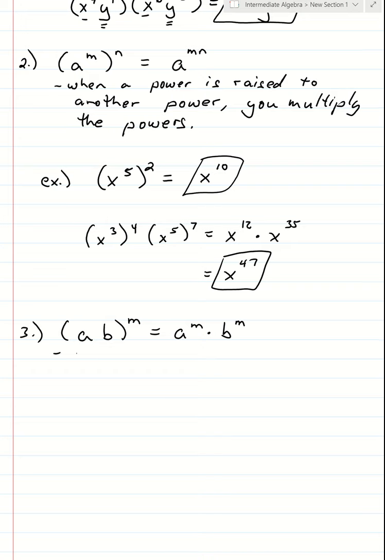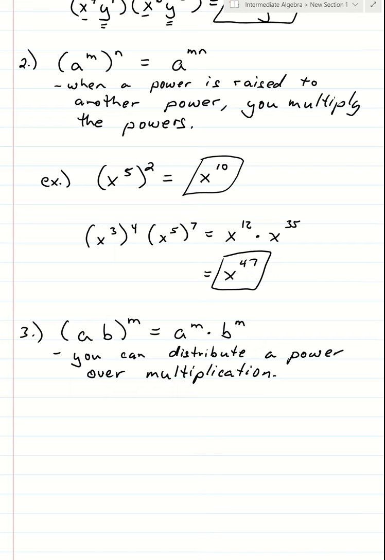Because what this law is telling us is that you can distribute a power over multiplication, which is what's taking place here. We have the two bases, a and b, that are being multiplied, okay? And then they are being raised to a power. So we can distribute that power of m over the multiplication of those two bases, a and b.